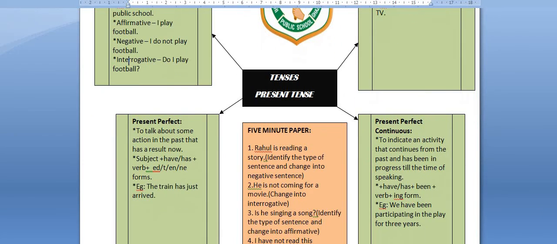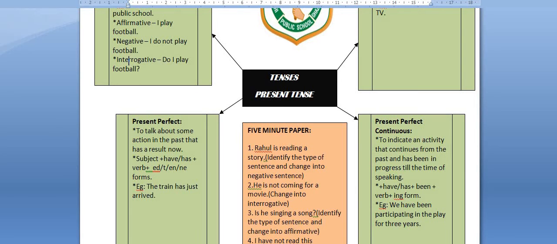Now the third category of tense is present perfect tense. When we talk about present perfect tense, it is an action which has already taken place, which has already happened, but the consequences can be noticed now. That means the consequences could be felt now. That is present perfect tense. And how do we make the sentence structure of a present perfect tense?